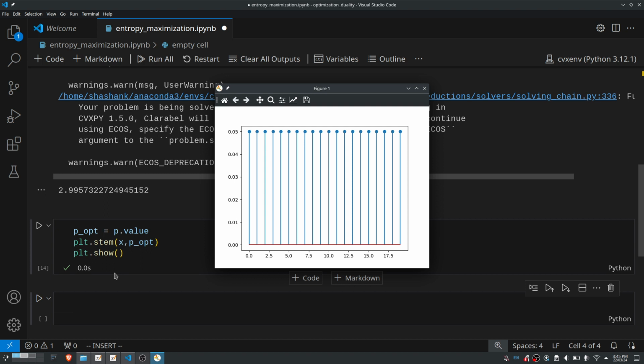So in this case, the maximum mean that you're going to get is not going to be 20, but in fact just 10. So you're looking at all the distributions that have mean at most 20, and among those, what is the distribution that maximizes the entropy?